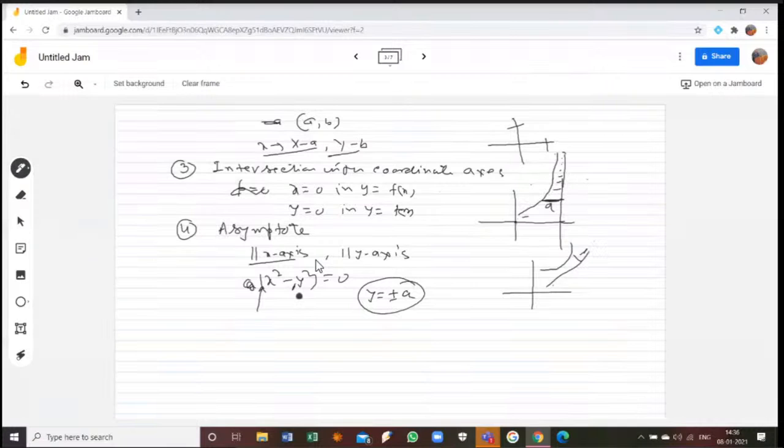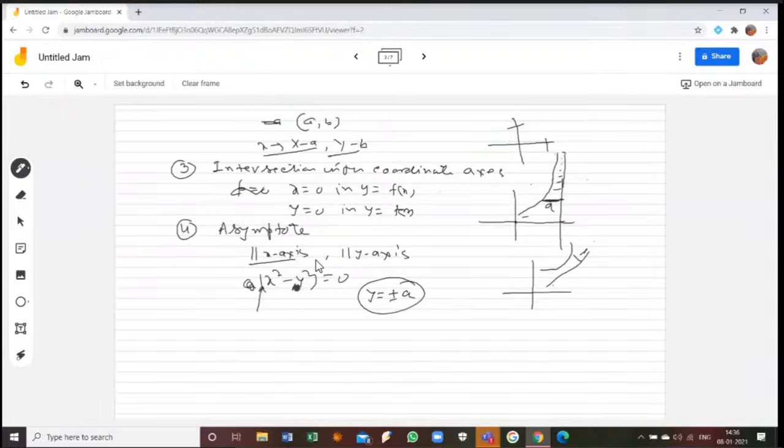Whenever you equate the coefficient of the even power of x or y, if it is constant, as you see in the example, then there is no asymptote parallel to either axis. But if you are getting something here, then yes, it is the asymptote parallel to the x or y-axis.